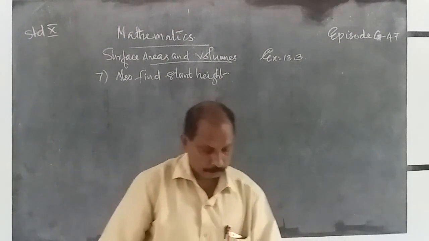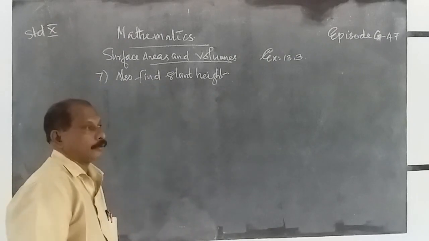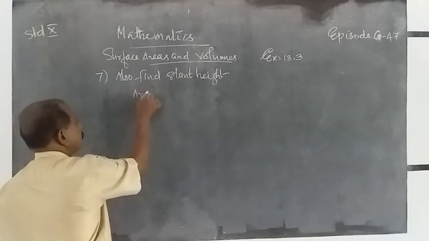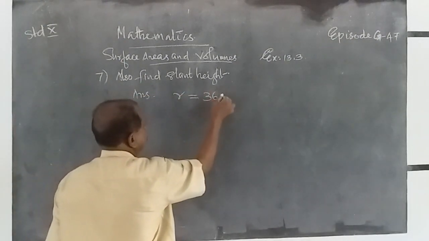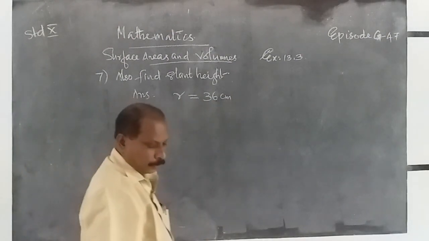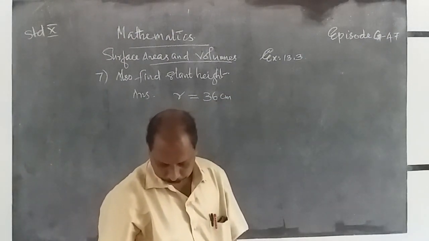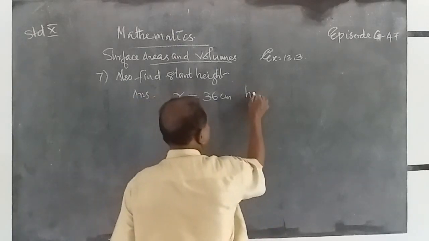Find the radius. Then also there is a part to find the slant height. The answer is, we know that r is equal to 36 centimeter, and h is equal to 24 centimeter.